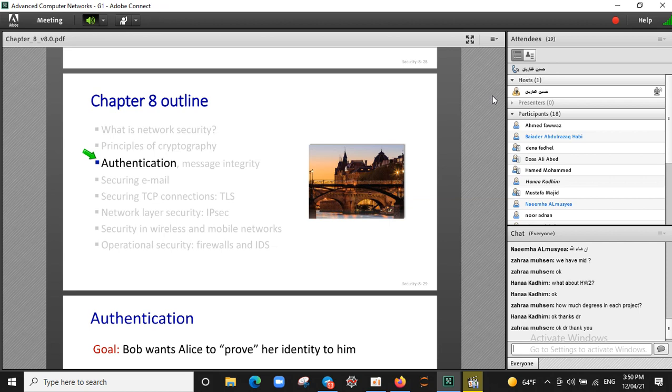And finally, we said that okay, we can start with an asymmetric key algorithm, and then over that algorithm we can share the shared key of a symmetric key algorithm, and after that we can work with the symmetric key algorithm.